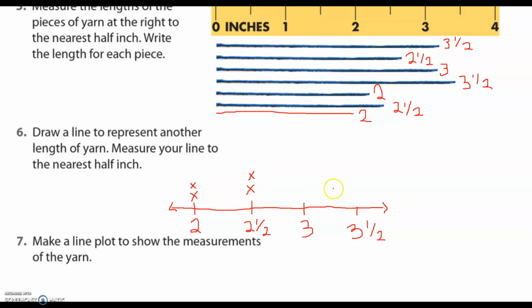Now we'll look for 3 inch pieces. There's only 1. 3.5, there's 2. So there's your line plot. You're going to practice making line plots today.